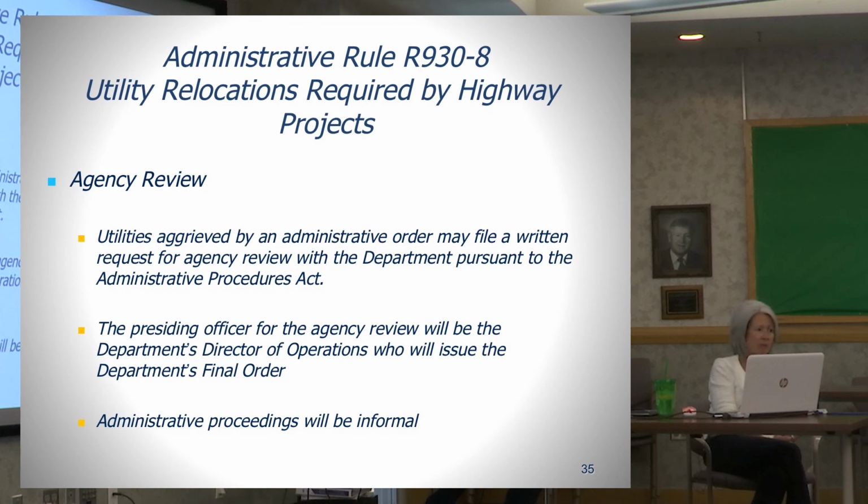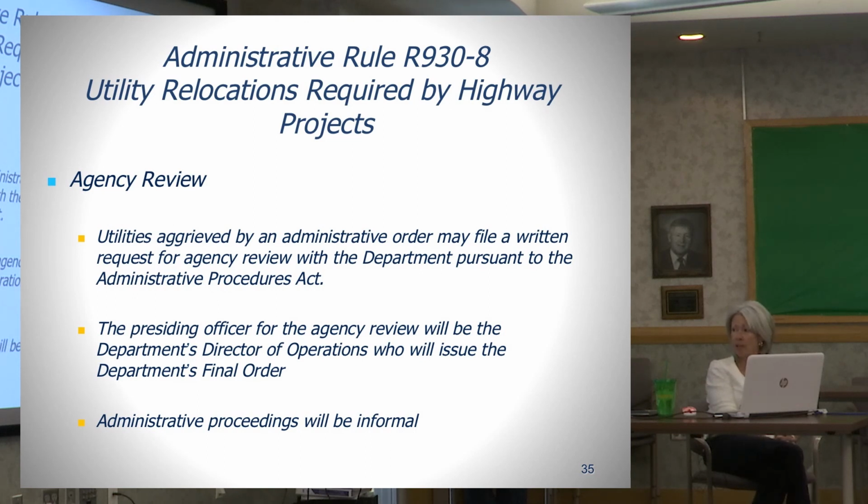If an administrative order is issued against a utility company, they are allowed to request an agency review by the department pursuant to the Administrative Procedures Act.